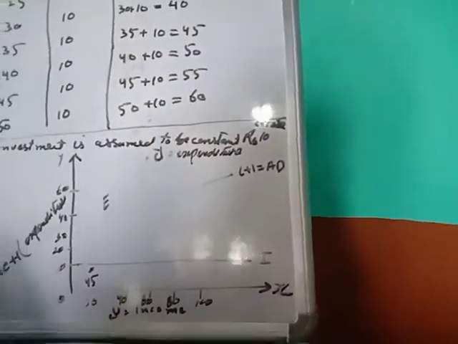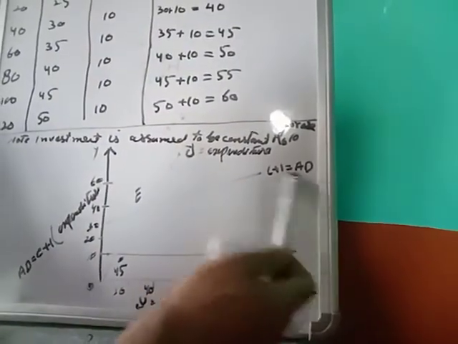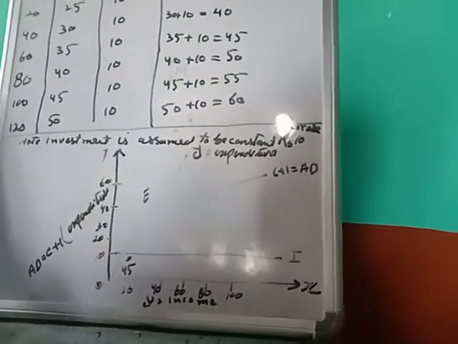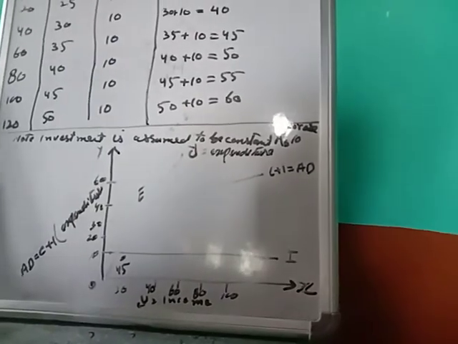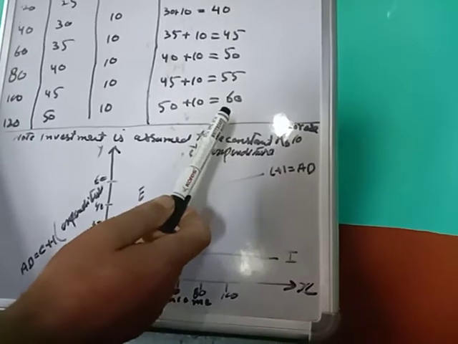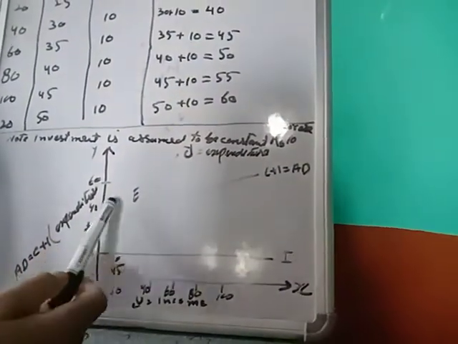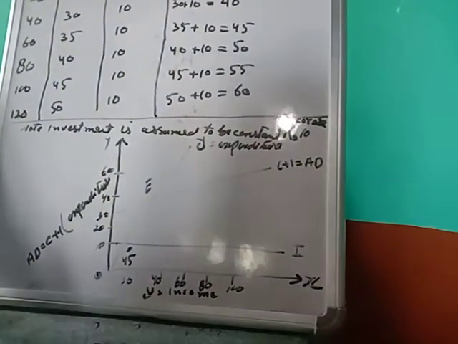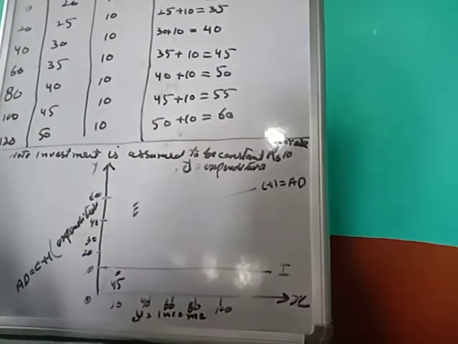Prior to it, AD is greater than Y, because of the impact of minimum consumption of rupees 20 crore and minimum investment of rupees 10 crore. Beyond point E, AD is less than Y, because of the impact of saving at a higher level of income.